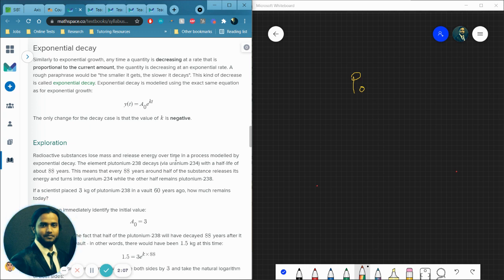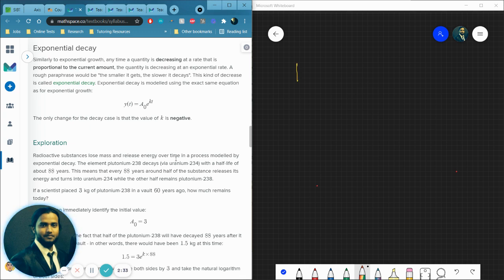Or some birds or some animals are going to be extinct, and they're reducing every year by a certain number. How long do we have before it all disappears? These are the questions you can solve through exponential growth or exponential decay equations.